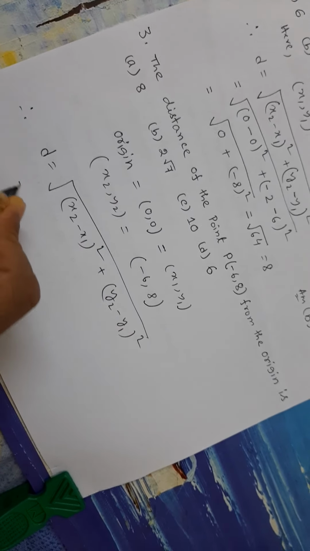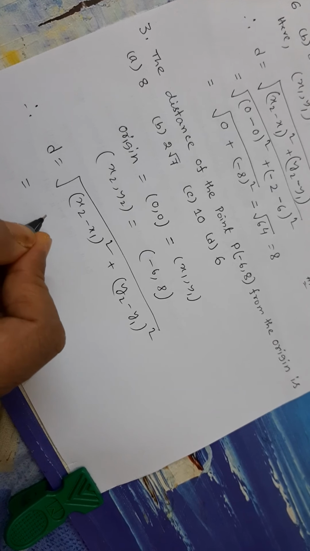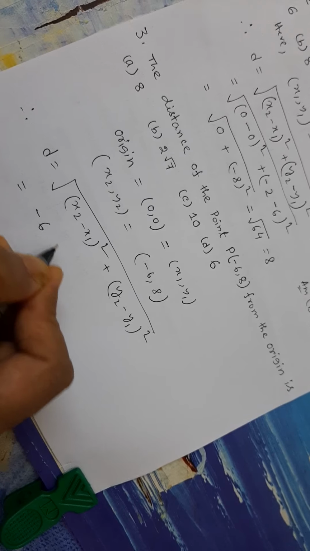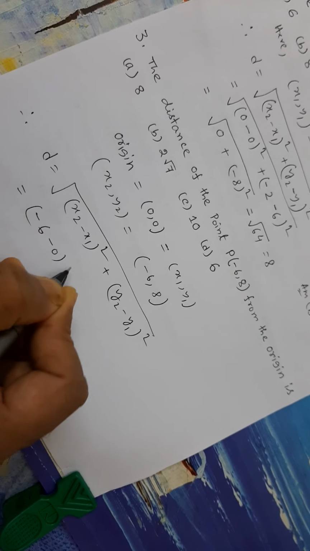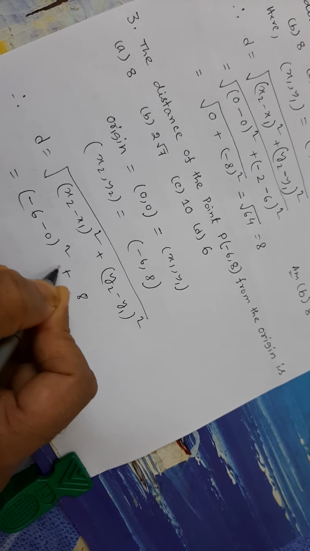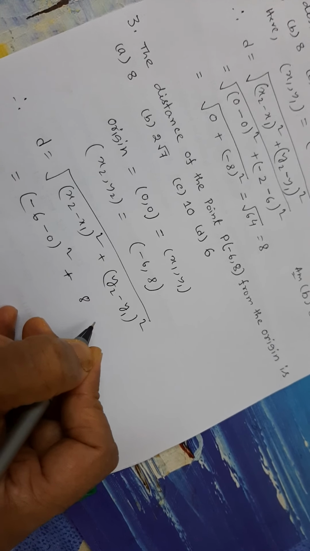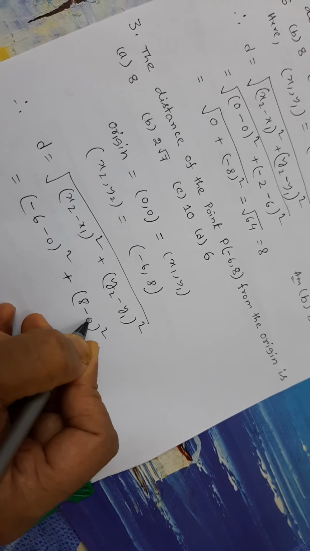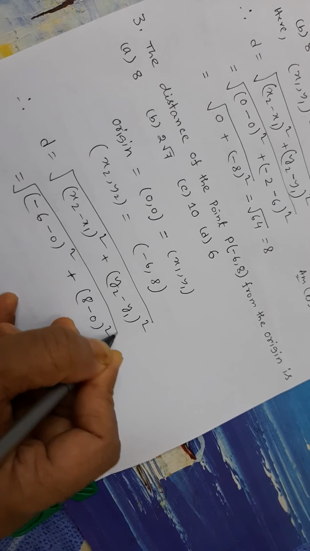So x2 is -6, x1 is 0 whole square, y2 is 8 and y1 also 0, so 8 minus 0 whole square, under root.